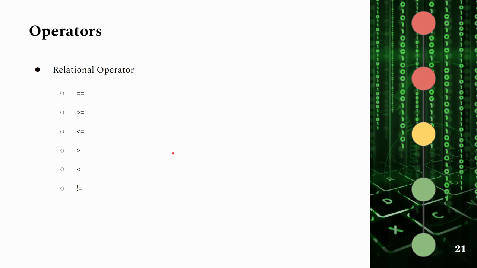Next up, relational operators. Now we see this double equals sign. Okay, now it means what it was meaning in math as well. That is, the left hand side and right hand side need to be equal. And one thing you must remember in programming, when anything is said to be true, this will work in C, and other programming languages usually also follow these conventions, but some programming languages don't.